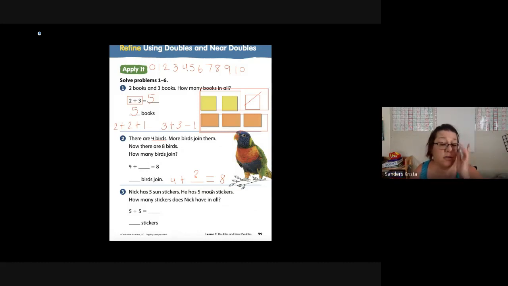Let's do an addition problem, or actually let's label our part and our whole, right? We know that this is a plus symbol. Whenever I see a plus symbol, that means everything around it has to be a part. And so I know that 4 is a part, and I'm going to add another part to get to the whole or the total.